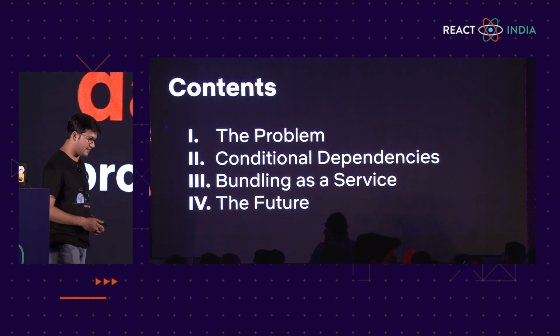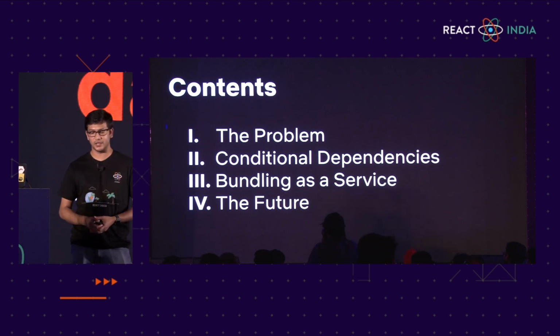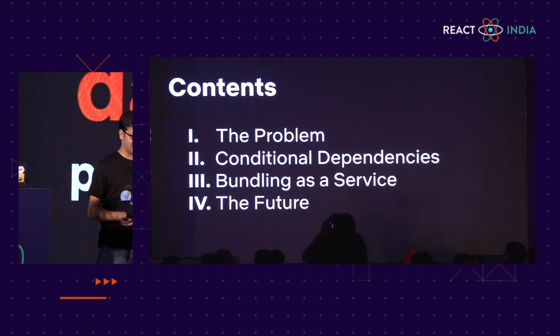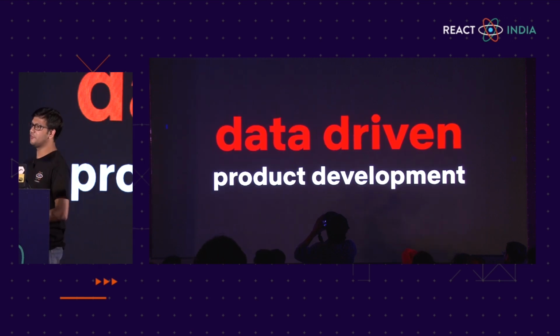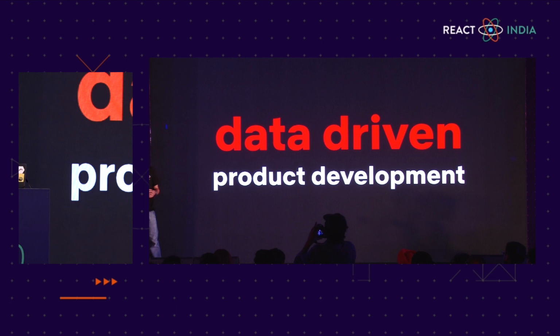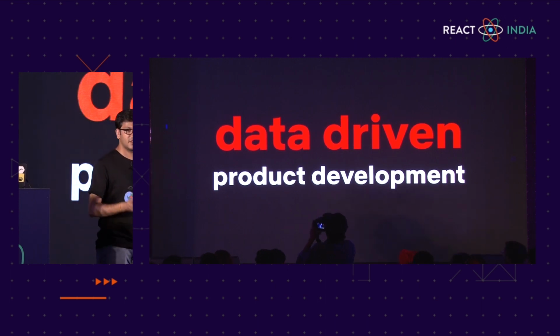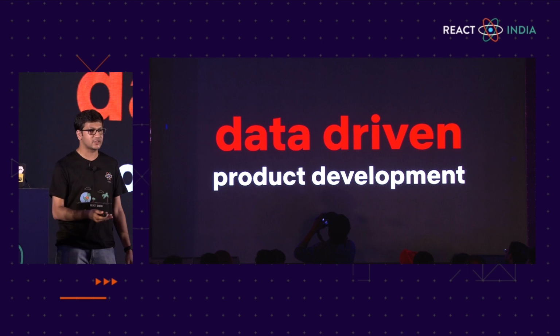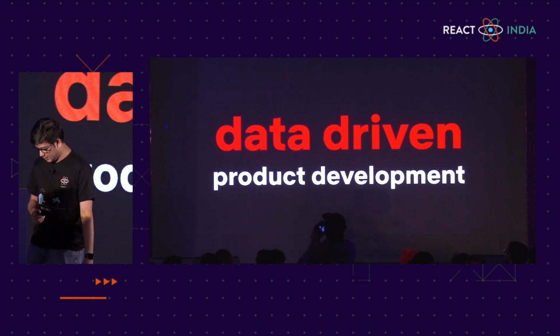So Netflix is essentially a data-driven product development company. What does that mean? That only means that at Netflix, we do a ton of A/B testing. All the data that we gather with these A/B tests is used to make sure the user experience keeps on improving with every iteration.